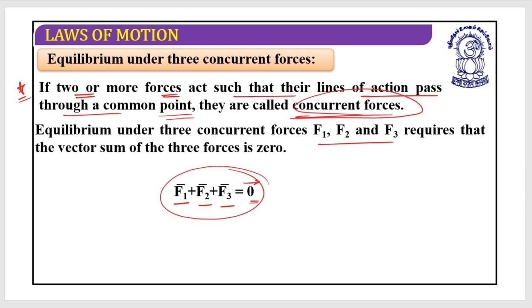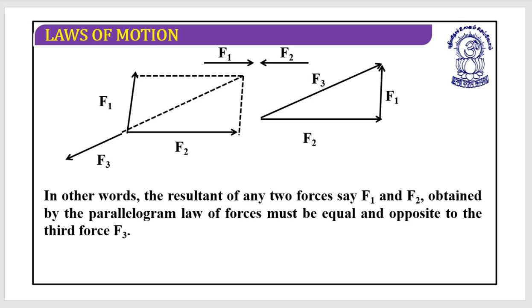Ideally I should write it as a null vector that we have discussed in the class of vectors. So what could be the situation? Let's have a graphical approach. Let's suppose this is force 1, this is force 2, and this is the angle theta between F1 and F2. Let's suppose the resultant of F1 and F2 is in this direction.